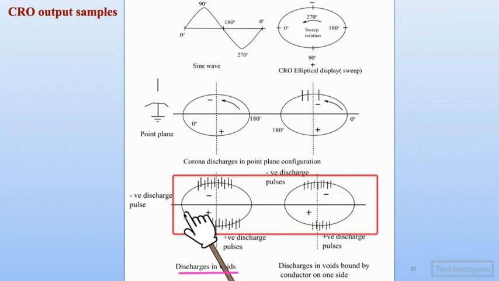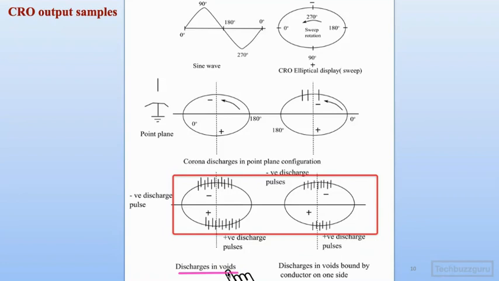You can see that this is a pure sine wave, and these are the straight pulses induced by the pulse generator. If there are voids inside, then these pulses will have a higher frequency of appearance on the elliptical pattern. So you can see a number of straight pulses are available here, both for the negative discharge pulse, and also for the positive discharge pulse. So this is the pattern for discharges within voids.